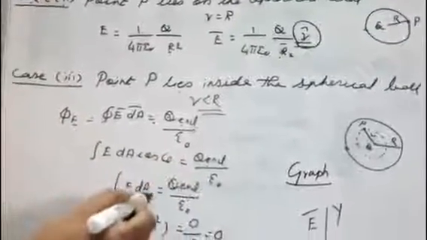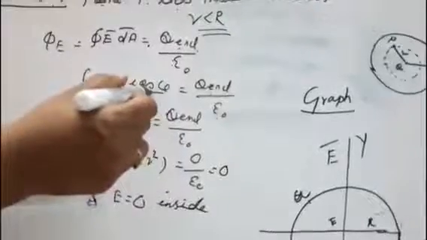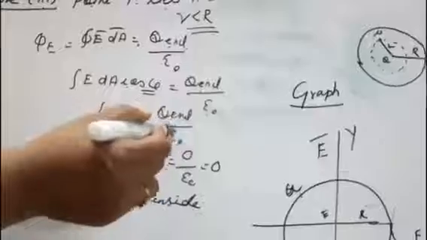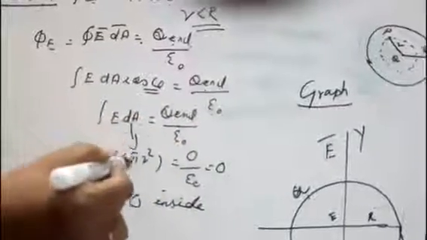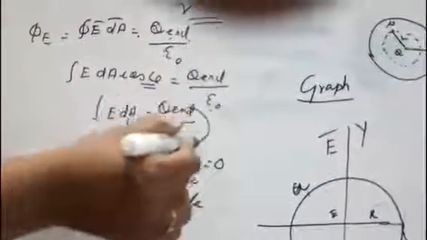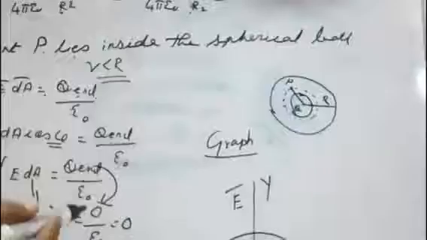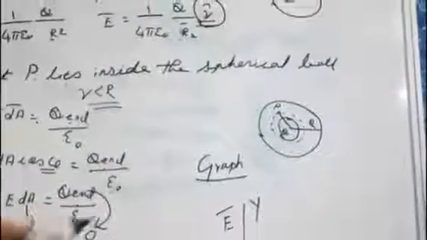Theta value we consider as 0, therefore E dA equals Q enclosed by epsilon naught. The area is 4 pi r square, but the Q enclosed is equal to 0, because inside the spherical shell the charge value is 0, therefore E value is 0. Suppose the point P lies inside, it means the total electric field is 0.